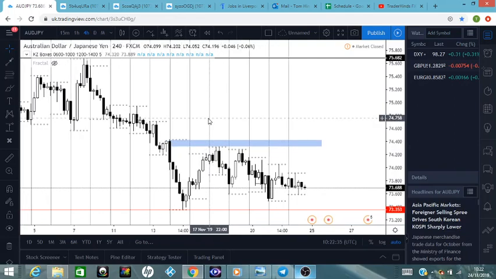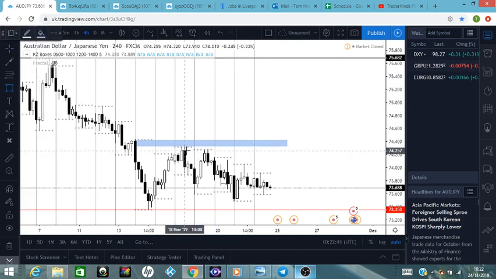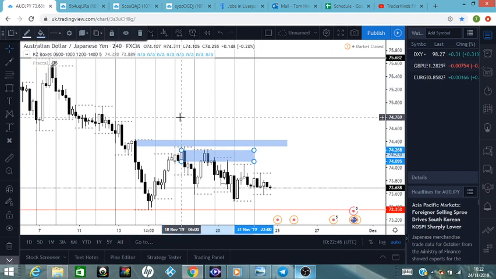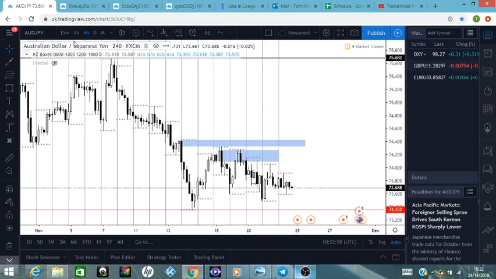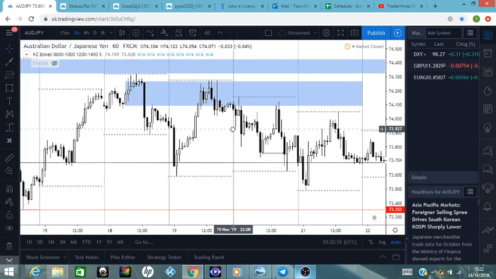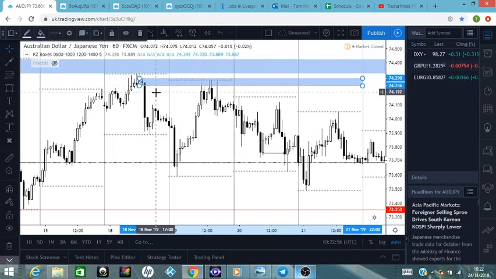The trade I was involved in was a potential return to this 4-hour block once the price broke market structure on the hourly. So if I can get to the hourly chart, I managed to narrow the price down.